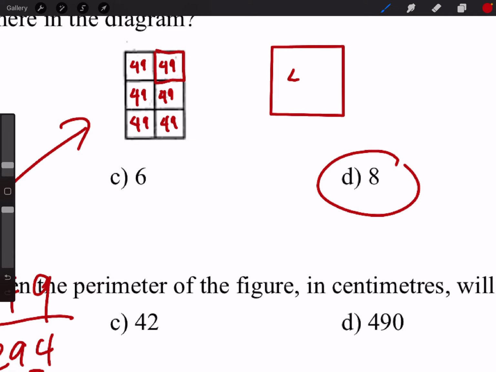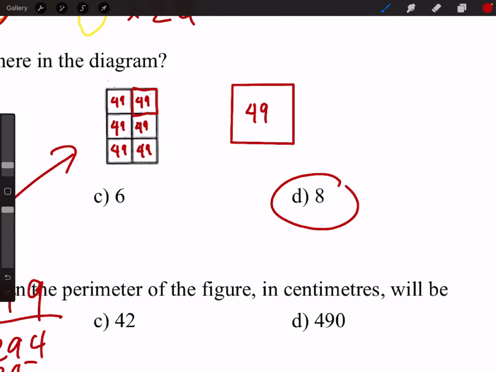Now, if the square has an area of 49 centimeters squared, what is the length of each side? Well, what times what gives me 49? It has to be 7 times 7. So that means the length of each side is 7. Does that make sense? 7, 7, 7.